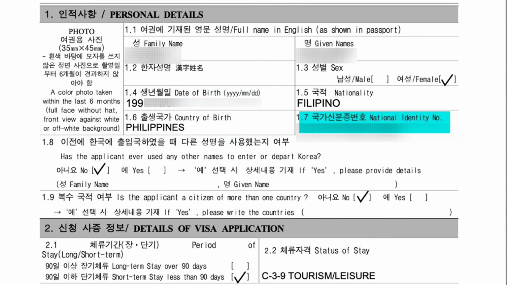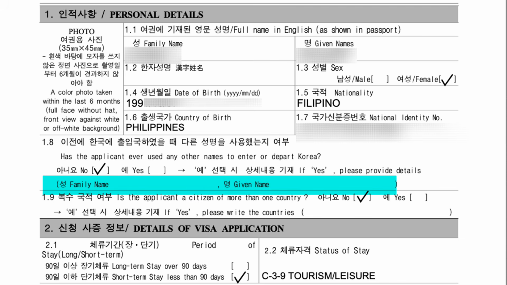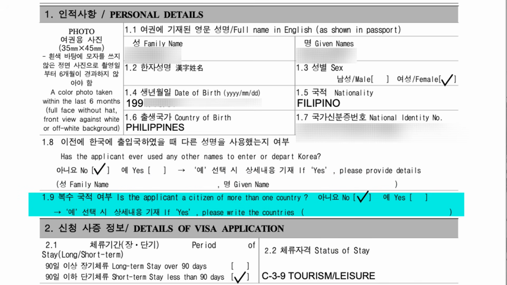Next is, has the applicant ever used any other names to enter or depart Korea? Select your answer. If yes, ilagay nyo lang yung family name and given name nyo. Is the applicant a citizen of more than one country? On my case, no. But if you are, just tick yes and write the country over here.